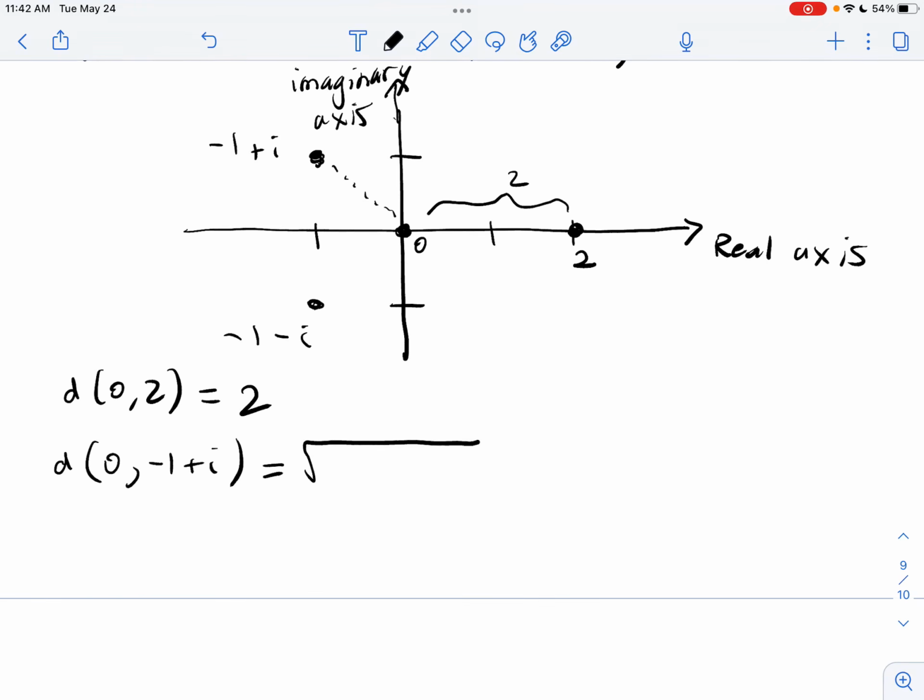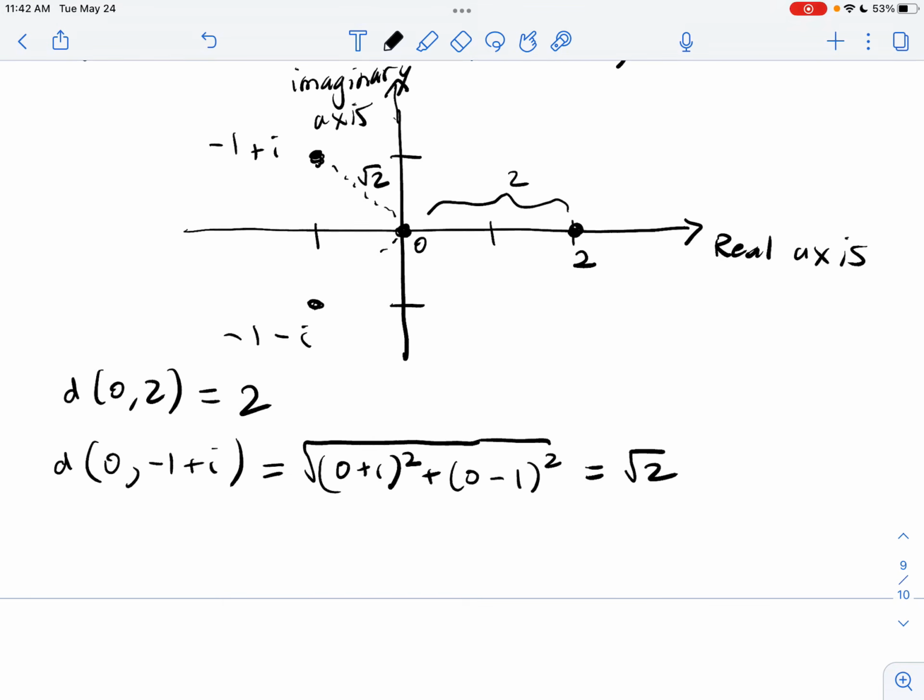So that's just going to be the square root of 0 plus 1 squared plus 0 minus 1 squared, which is just the square root of 2, right? Again, it's just the distance formula, okay?